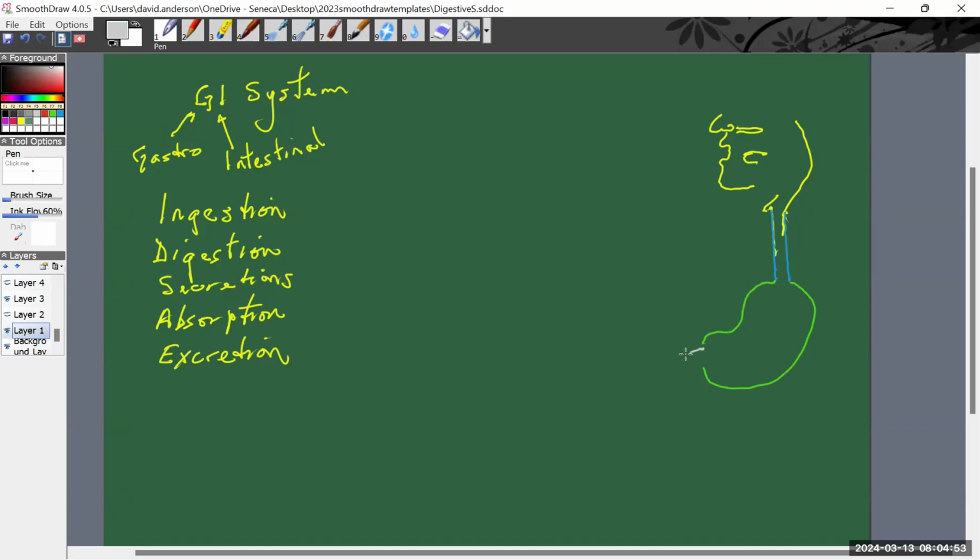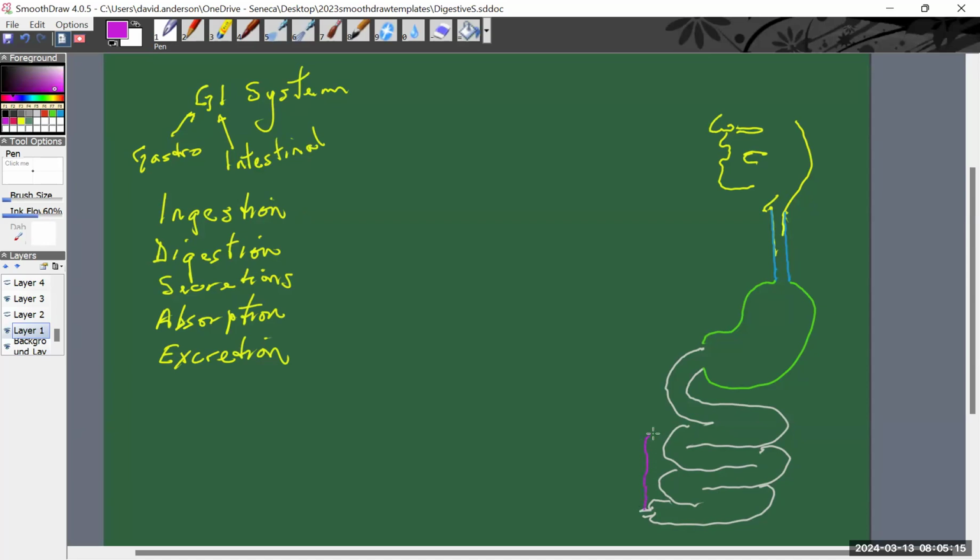And then we're going to run from the stomach into the small intestine. And the small intestine is a series of coils that's going to run into the large intestine.